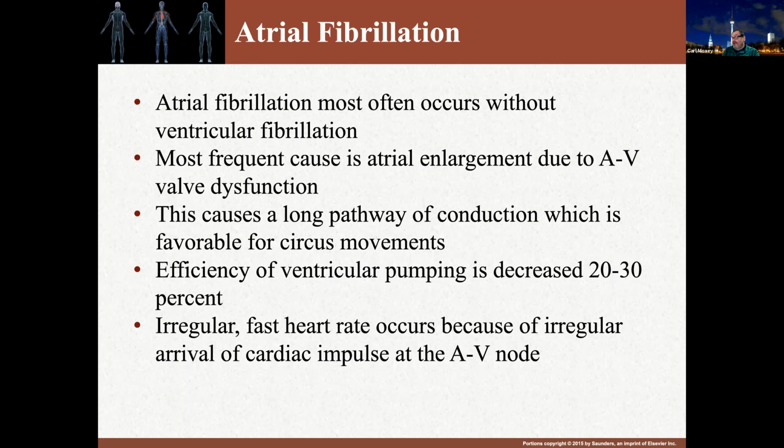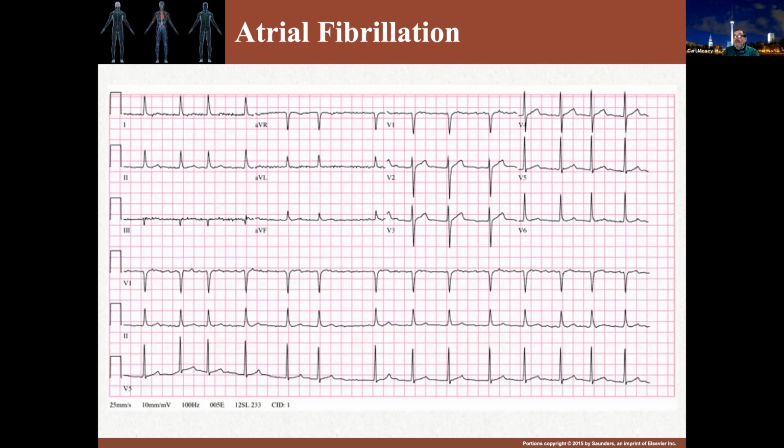And this is going to decrease your effectiveness of ventricular pumping, because you're no longer going to have the squeeze, which is going to propel the blood. And this tracing shows you an atrial fibrillation. So these very little sawtoothy-like lines here, actually more like file lines, are the fibrillation.